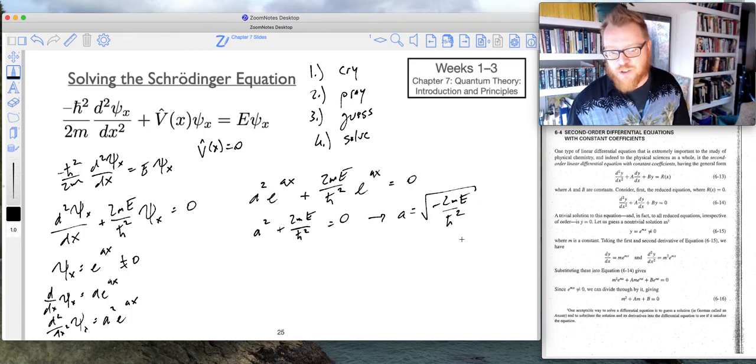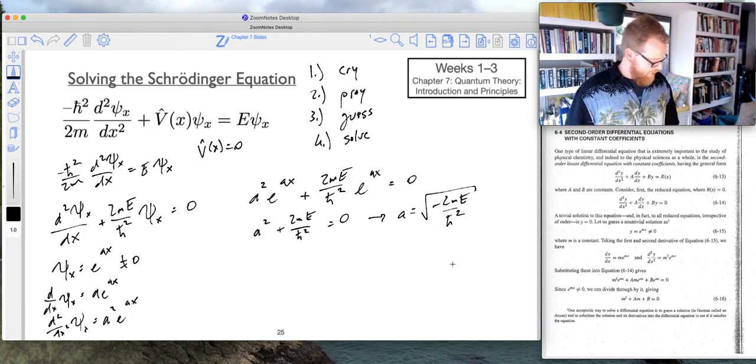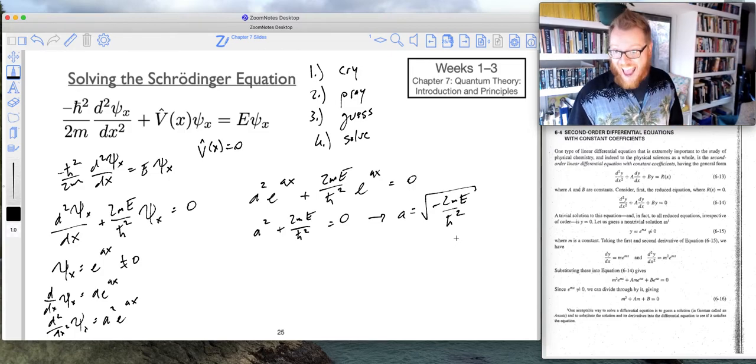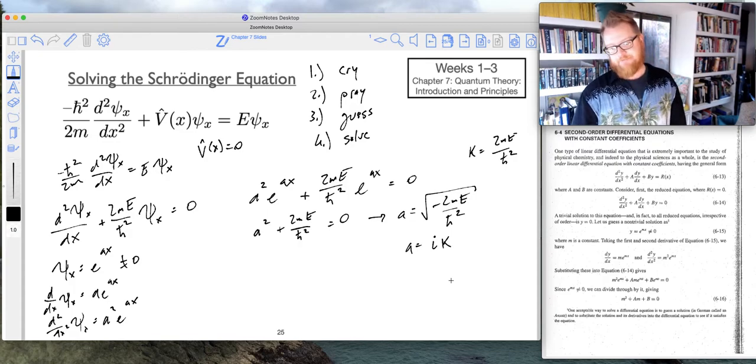Because I have the square root of a negative number. And so I am going to call all of this 2mE over h bar squared equal to k. So I'm going to say k equals 2mE over h bar squared. And so my solution is i times k.